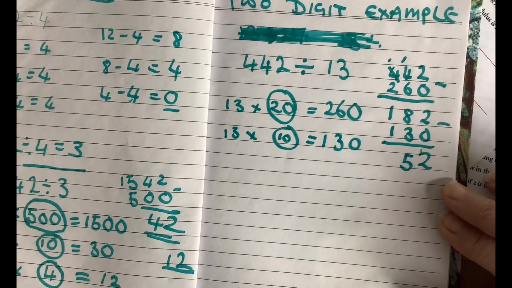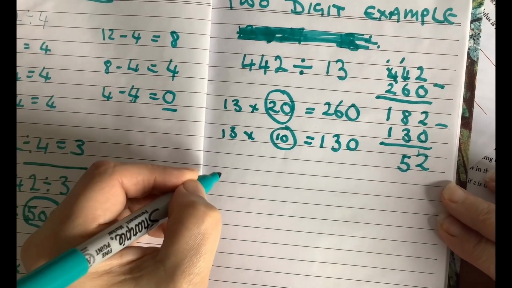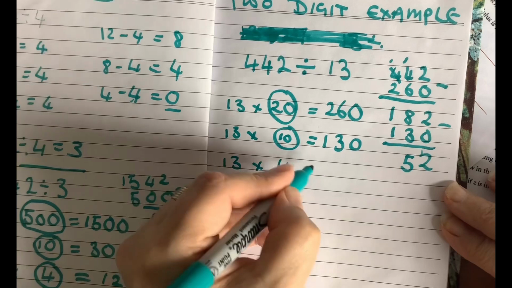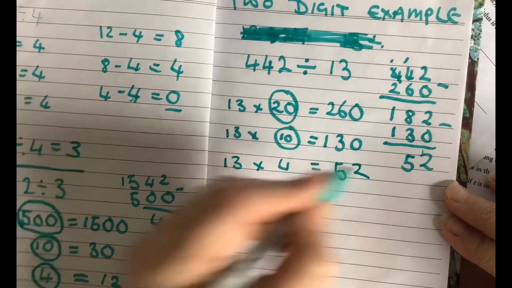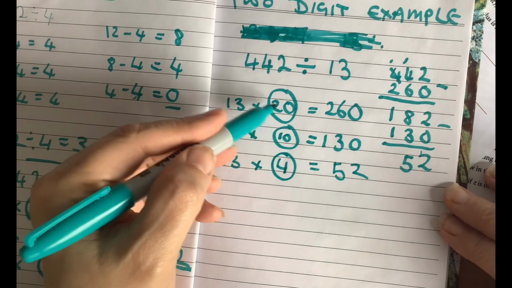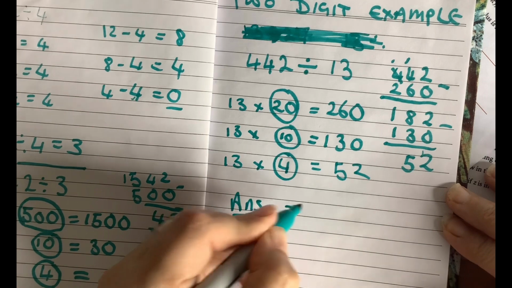I'm left with 52. If I double 13, I get 26. And if I double 26, I get 52, which means that 13 times 4 equals 52, and I'm done. So 442 divided by 13 must equal 34.